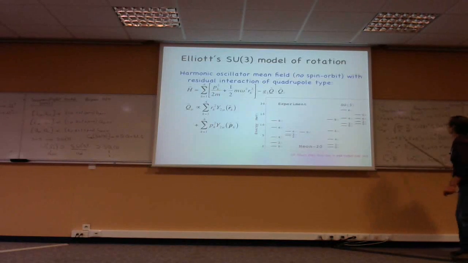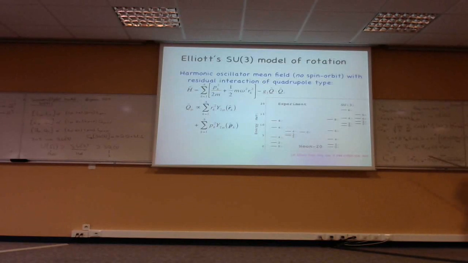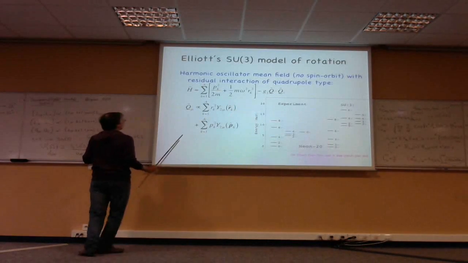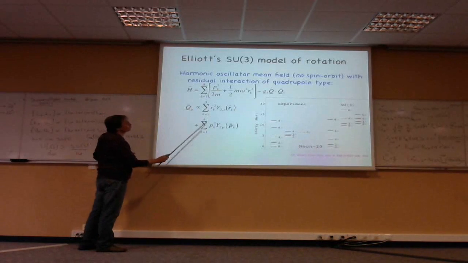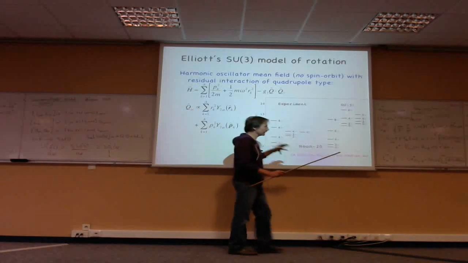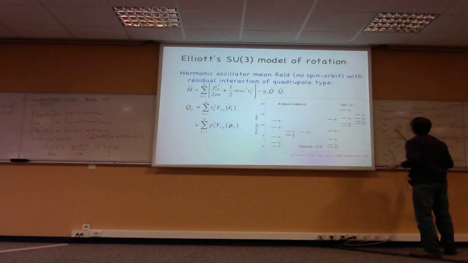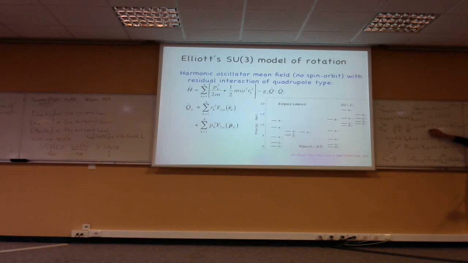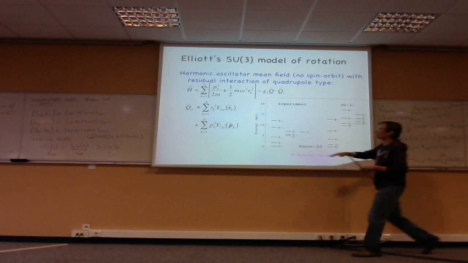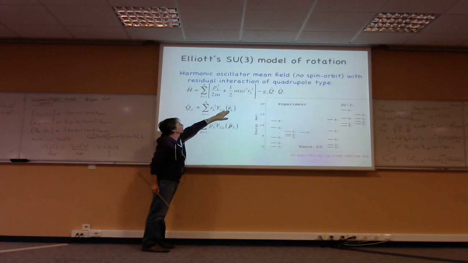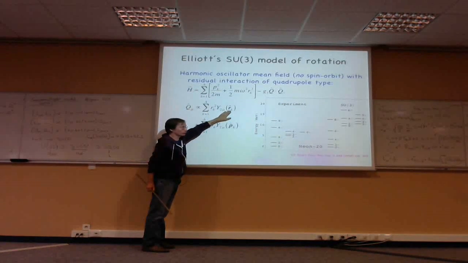There is one point which I sort of glanced over. This was stressed by Mark: if you want to confine yourself to one major shell, as did Elliott, you cannot just take the physical quadrupole operator. The physical quadrupole operator would be this one, where you have a sum over y2 mu, which depends on the particle position.